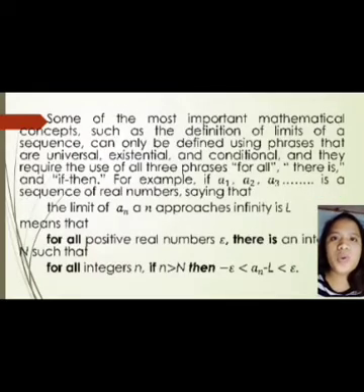Some of the most important mathematical concepts, such as the definition of the limit of a sequence, can only be defined using phrases that are universal, existential, and conditional, and they require the use of all three phrases: for all, there is, and if-then.